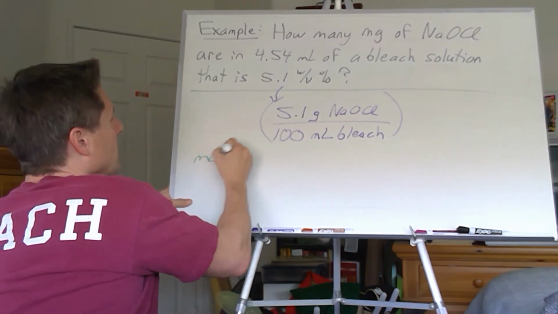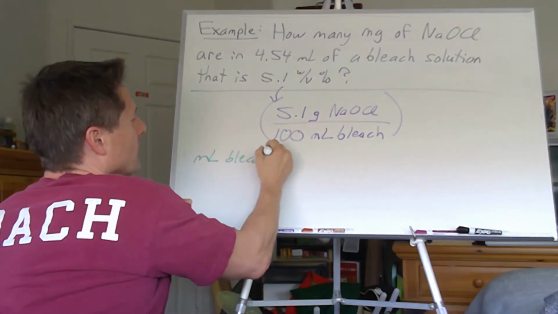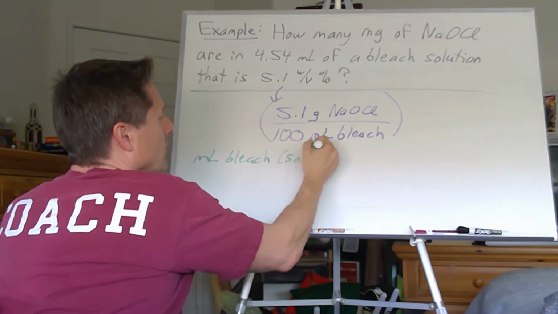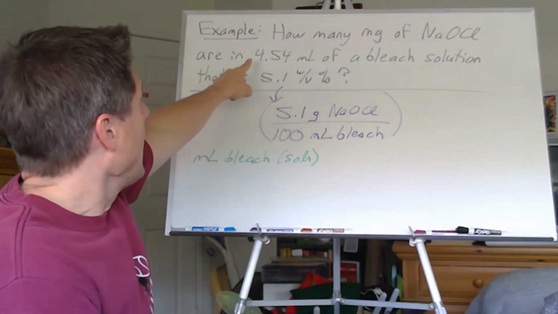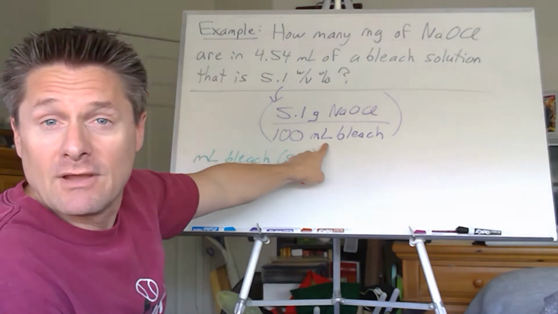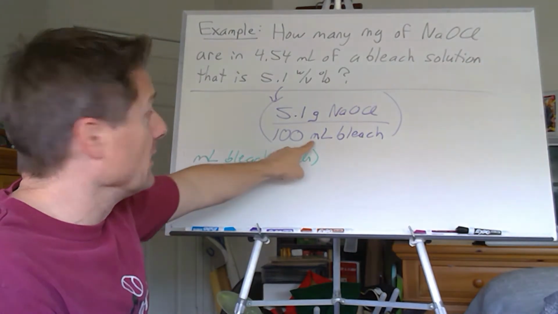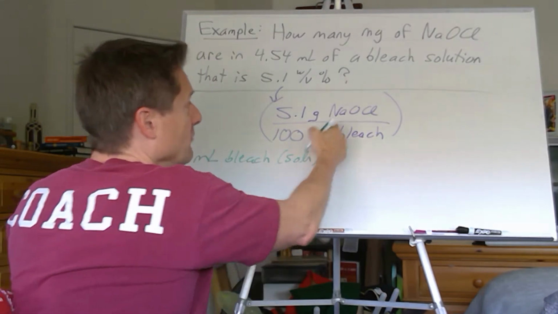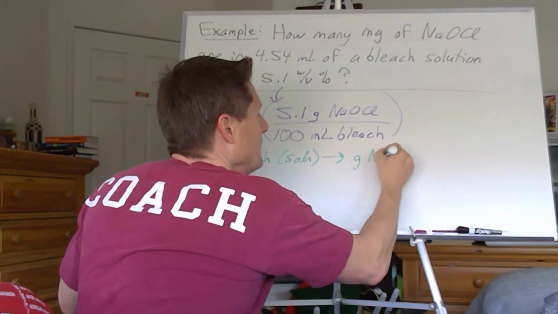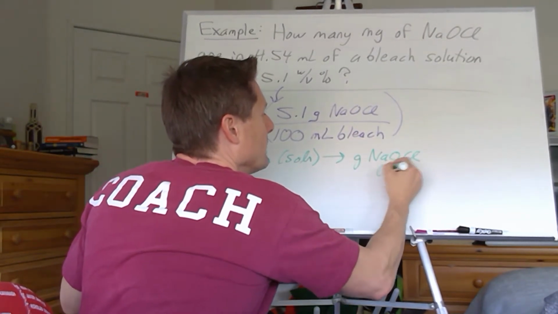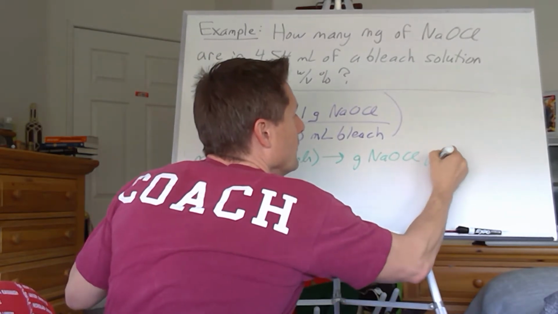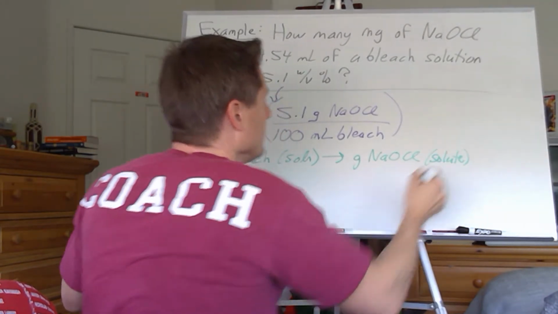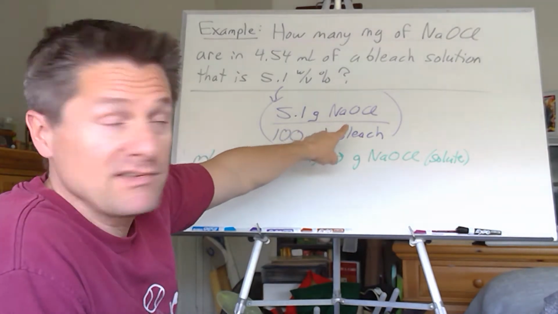We're going to go milliliters of bleach, which is our solution, correct? And I'm in milliliters. If I wasn't in milliliters, I'd have to convert to milliliters, because that's the unit here. So I can go from milliliters of bleach to grams of the solute, using this as a conversion factor, a pretty simple setup.